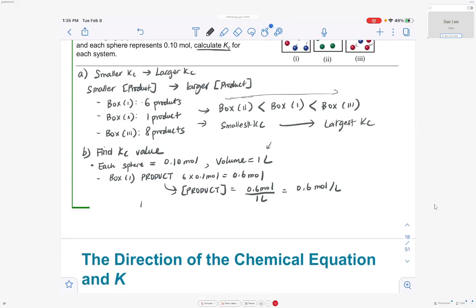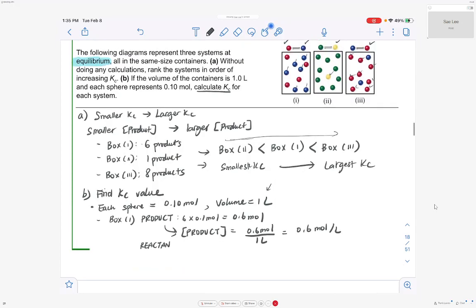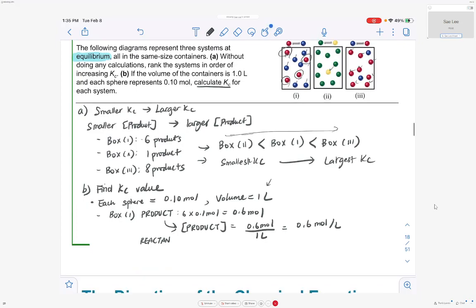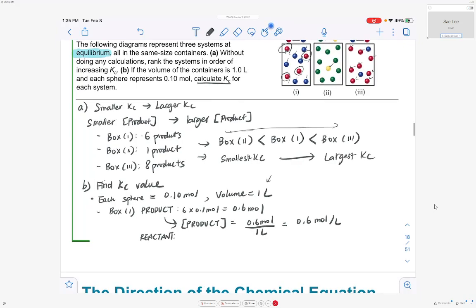As for the reactant, box 1 has 1, 2, 3, 4 reactants. Each sphere is equal to 0.1 mole, so 4 times 0.1 mole equals 0.4 mole.